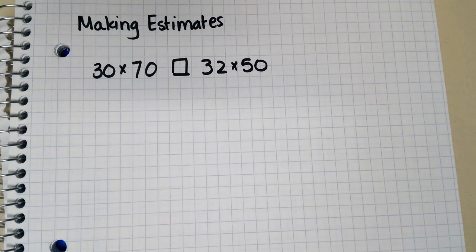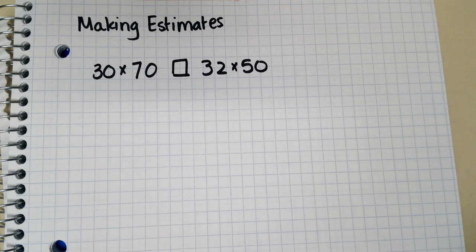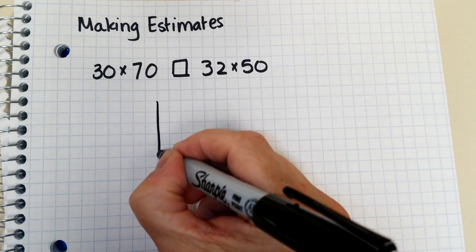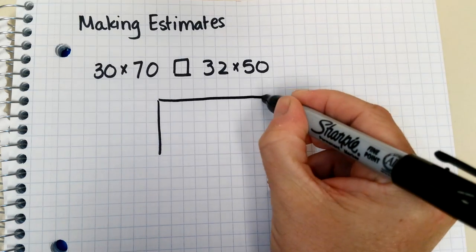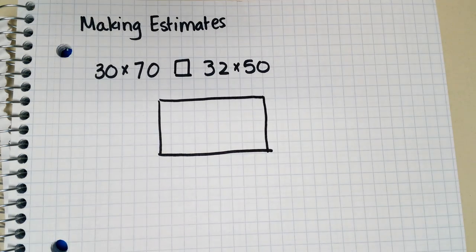Some students may look at it a little differently. They may say, well, I drew an array. Okay, so let's go ahead. I'm going to draw out an array to illustrate how this student was thinking about the problem. Remember, all of our brains often look at problems a little differently.